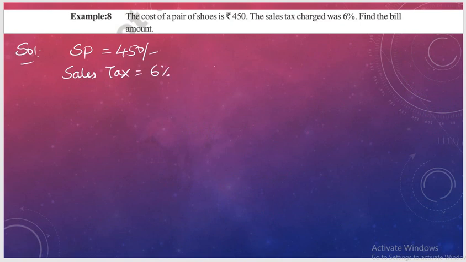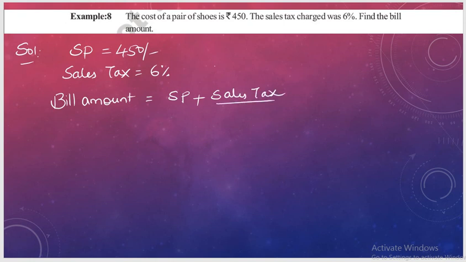So whenever you are having sales tax, what is the meaning? If I want the bill amount, the bill amount is given by selling price plus this sales tax. This sales tax is calculated on that selling price, which is nothing but 450 plus 6% of 450, right? So already we have done this in the previous cases.